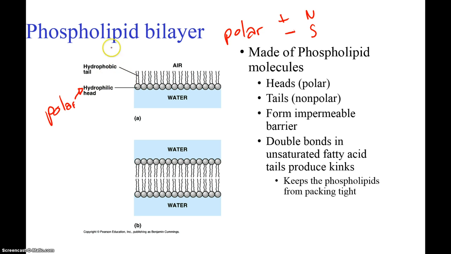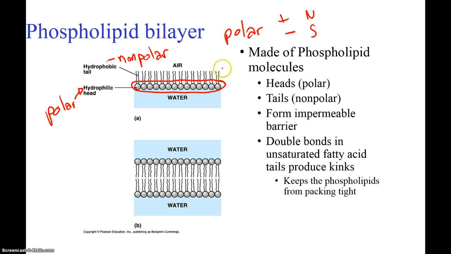The tails are hydrophobic because they are nonpolar. They don't have a charge, and they don't want any water near them. So these hydrophilic heads are pushing each other, crowding around to get to the water. They really want to be touching the water.